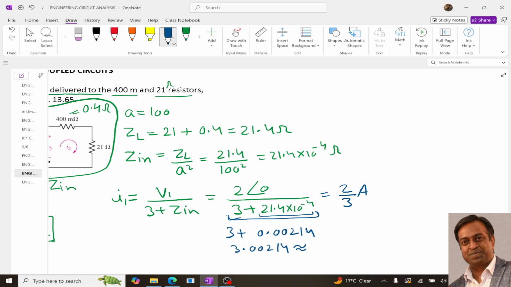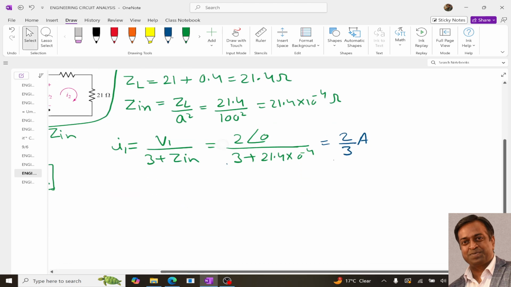We can approximate it as 3, because 3 is very large in comparison to 21.4 times 10 to the power minus 4. So here I approximate and get I1 as 2 by 3 ampere.